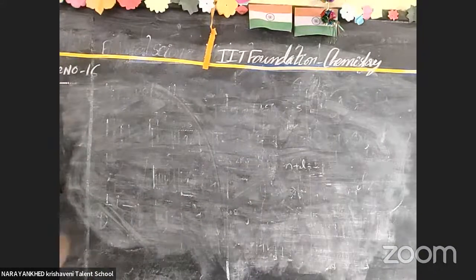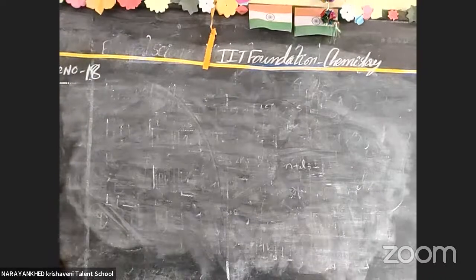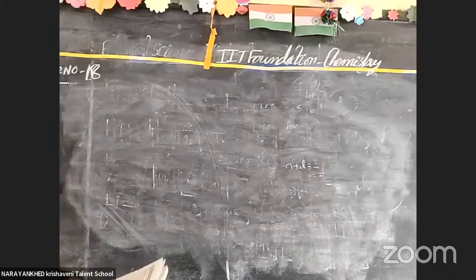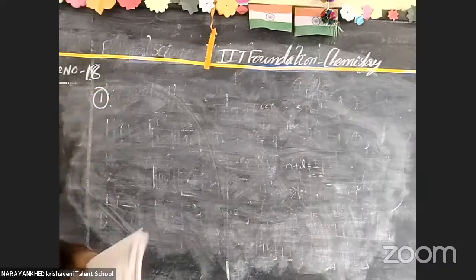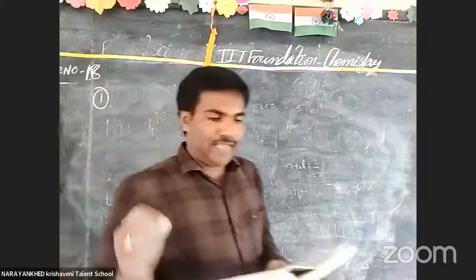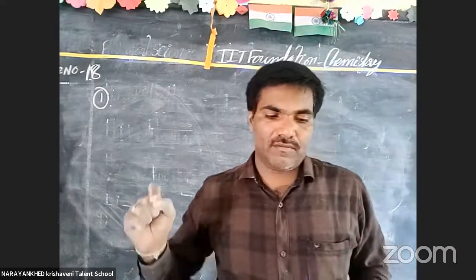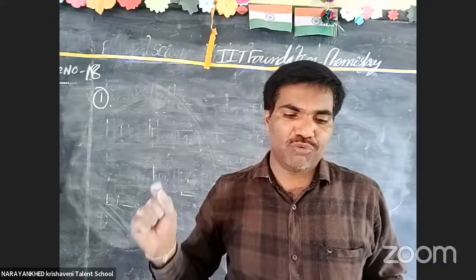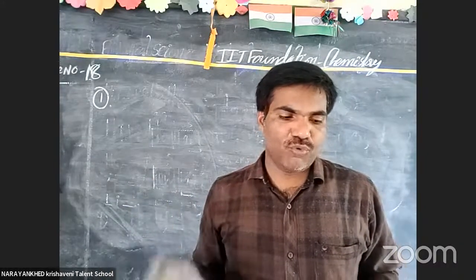Go to page number 18. Conceptual questions are there. First question: if the electronic structure of oxygen is written as 1s2, 2s2, 2p4, it would violate which rule?